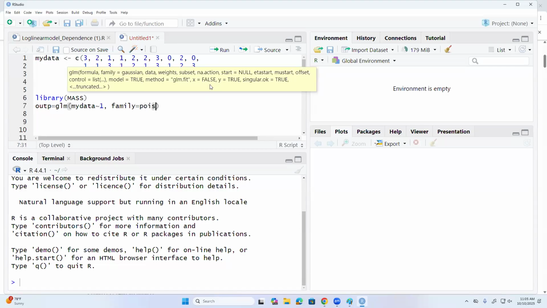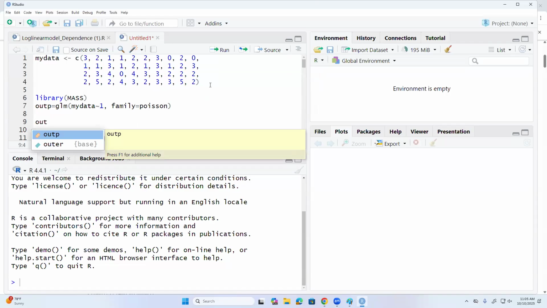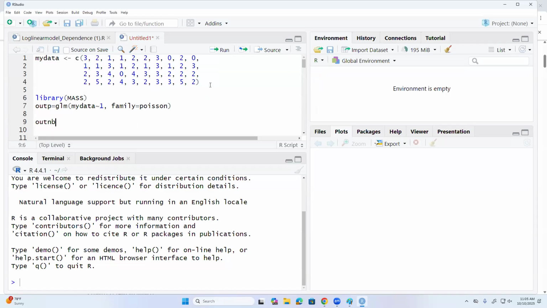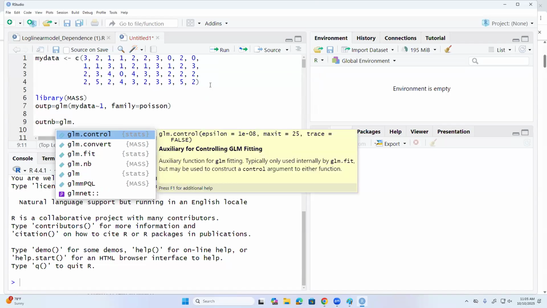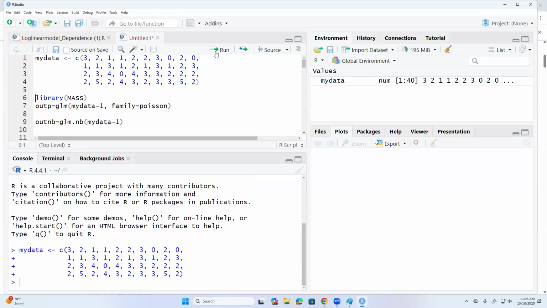Family equal to Poisson. That's it. Okay. And the other one is negative binomial, GLM NB. Yes. Data 1. That's it.